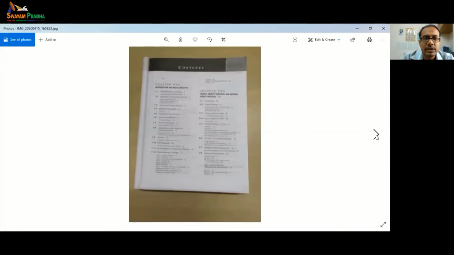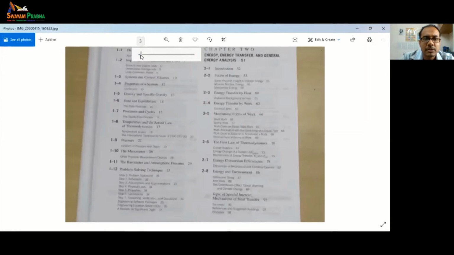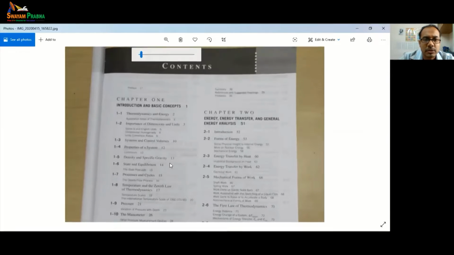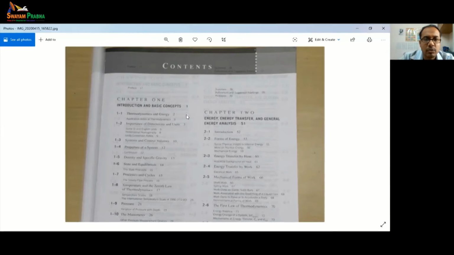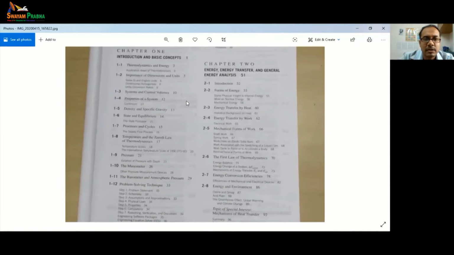So the first chapter of the book is on introduction and basic concepts. Here we talk about energy, a few definitions, dimensions, and what it means when we say control volume or a system.